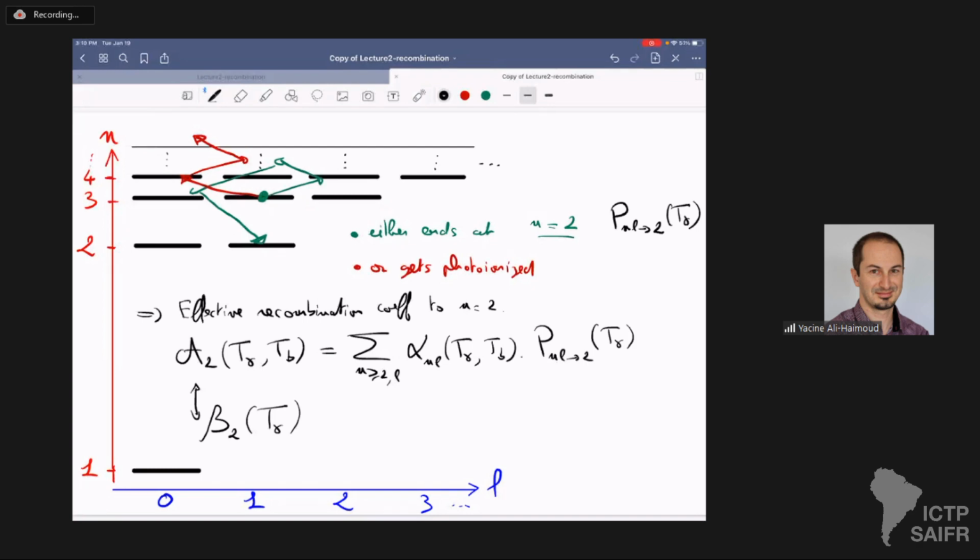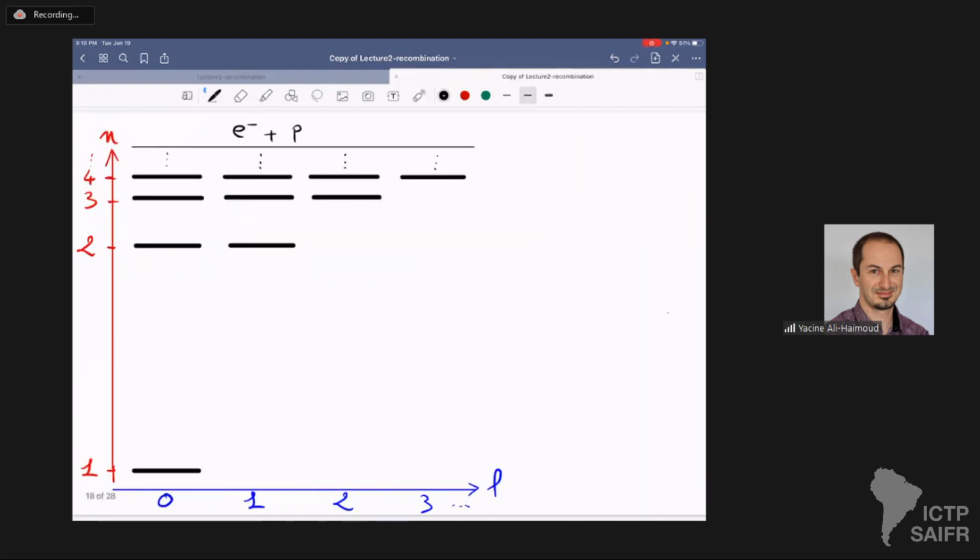Okay, next, so this is how electrons and protons end up in n equal 2, or get photoionized again. Once they are in n equal 2, what happens to them? Well, if they ended up in the so-called 2p state, where p means L equals 1 in terms of atomic spectral nomenclature, they can decay to the ground state by emitting a Lyman alpha photon.